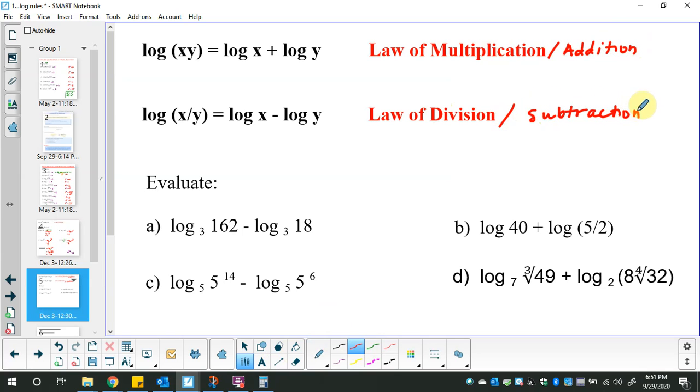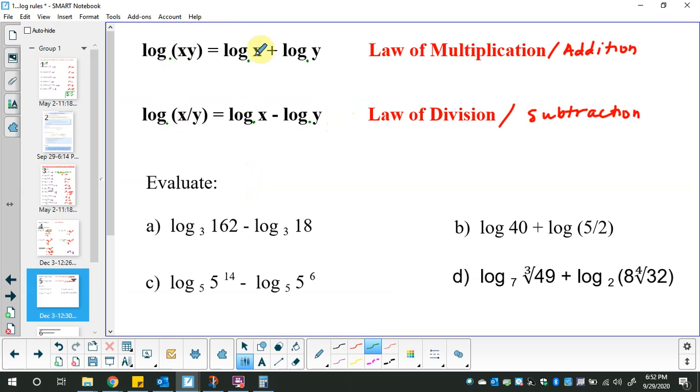Now the reason is, if I give you the same base, and I ask you to multiply with exponents, you actually add the exponents. And when I give you the same base and ask you to divide with exponents, you subtract. So the operations are linked because basically logarithms are anti-exponents.